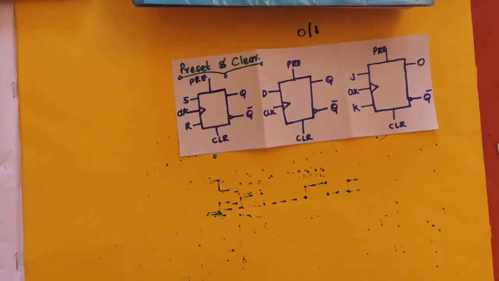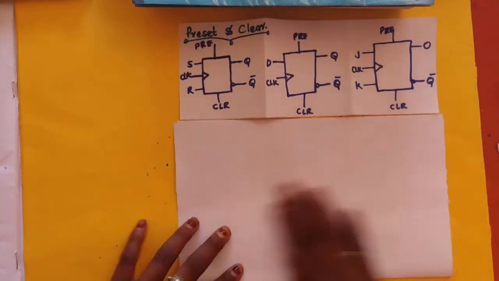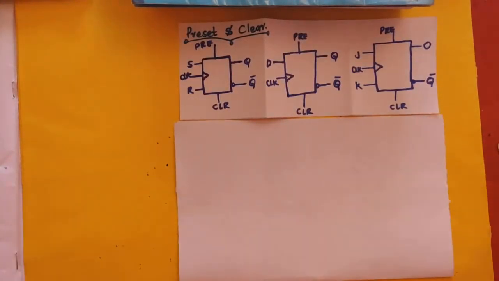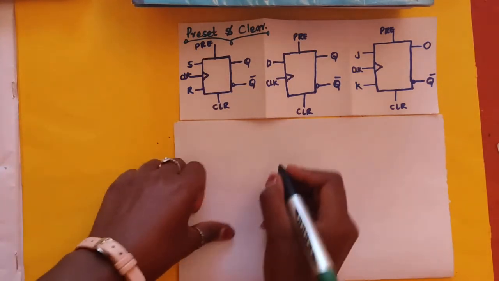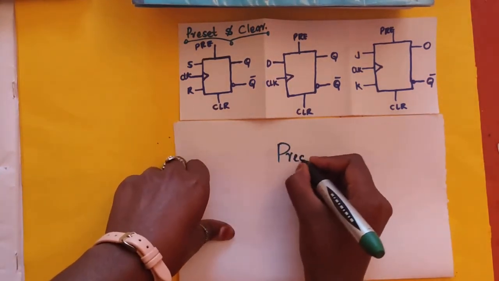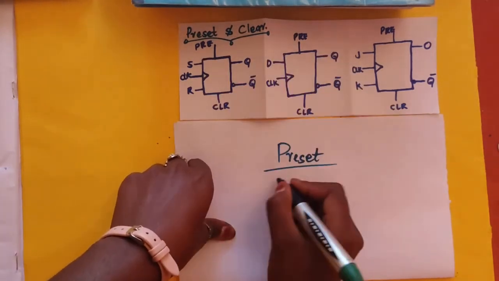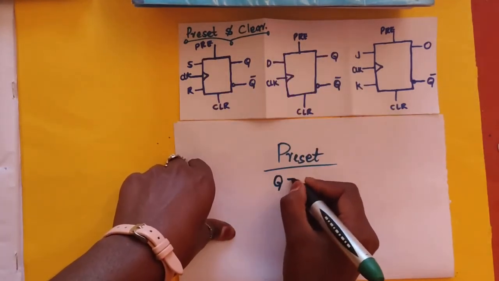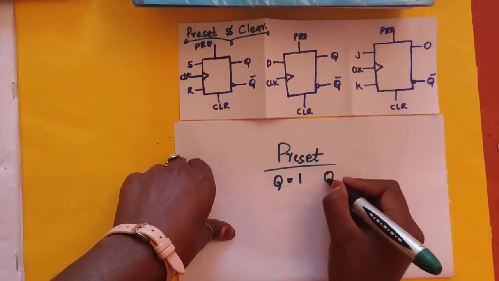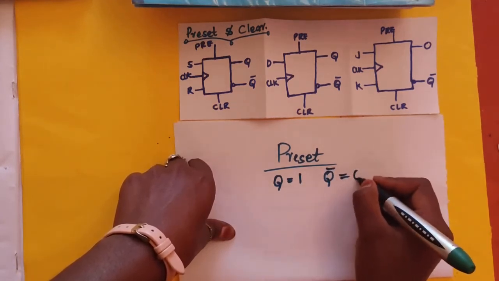Just to make it clearer, let me grab a piece of paper. When you click on preset, Q will be 1 and Q not will be 0.